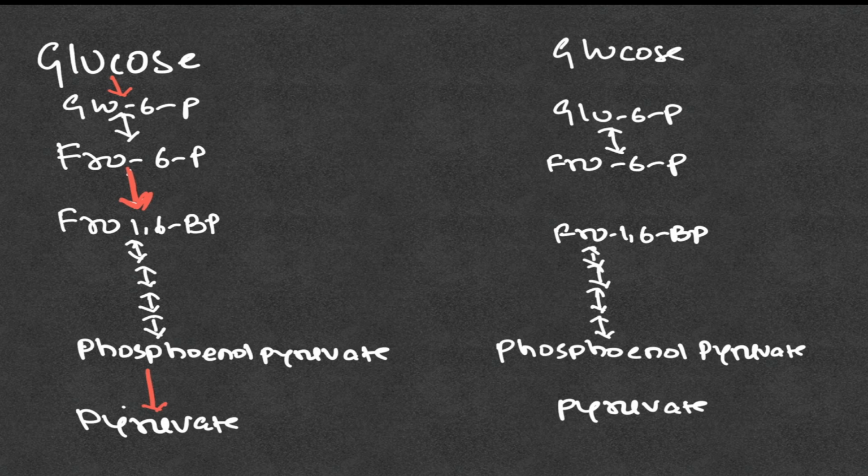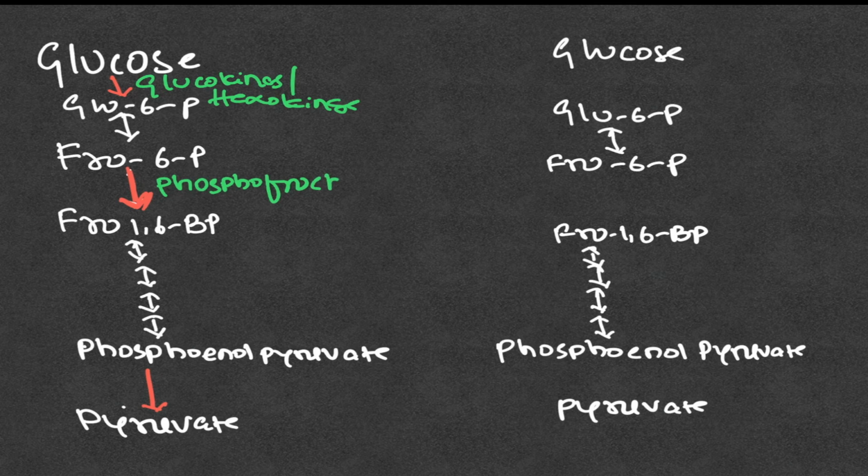The very first reaction is catalyzed by glucokinase or hexokinase, converting glucose into glucose 6-phosphate. Our second irreversible reaction is catalyzed by phosphofructokinase 1, that is PFK1, which converts fructose 6-phosphate into fructose 1,6-bisphosphate.